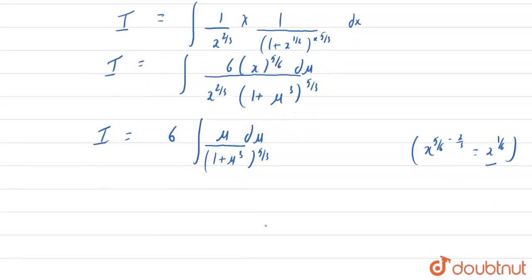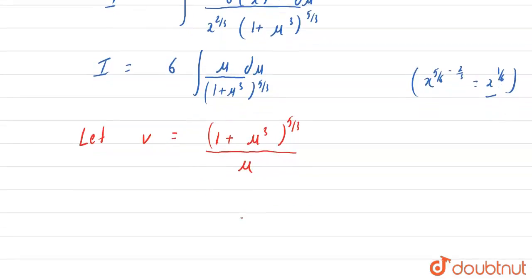Now if I is this, we can also write, let v equal to (1 plus u cubed) to the power 5 by 3, and the denominator is u.